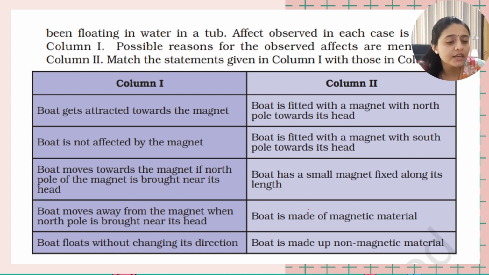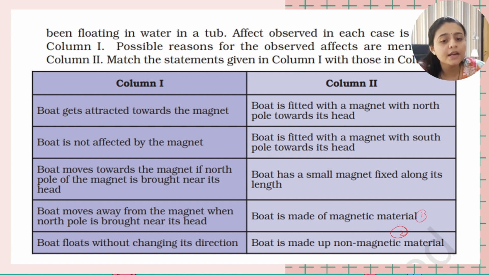Boat is made up of magnetic material. Obviously, boat is made up of magnetic material. Boat is not affected by the magnet. So boat is made up of non-magnetic material.